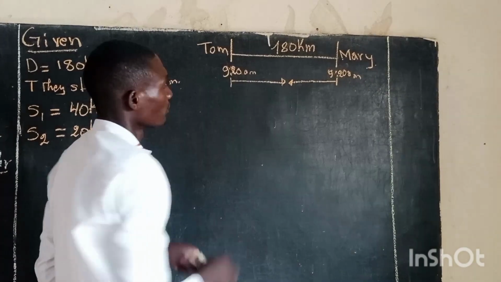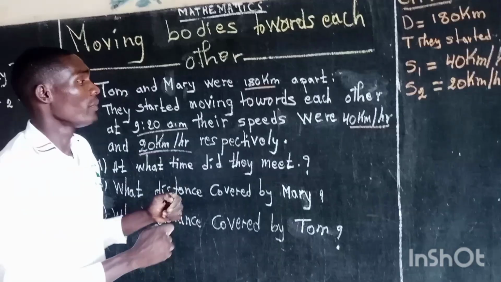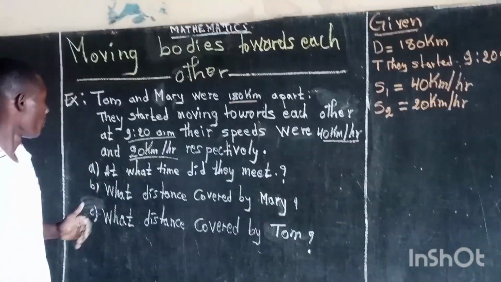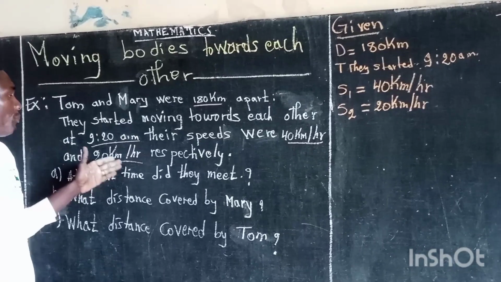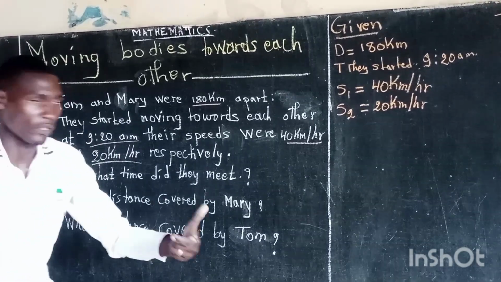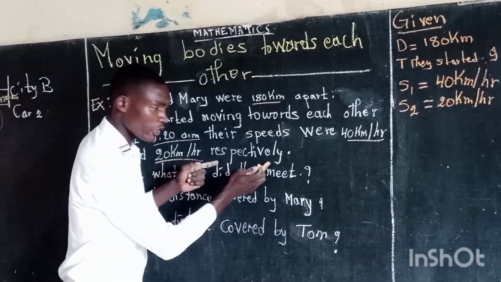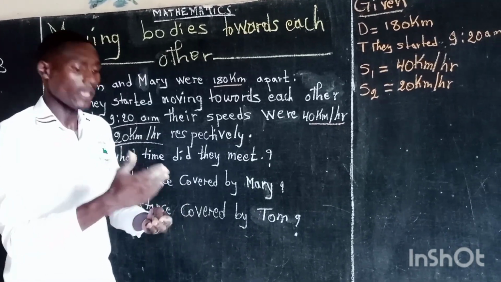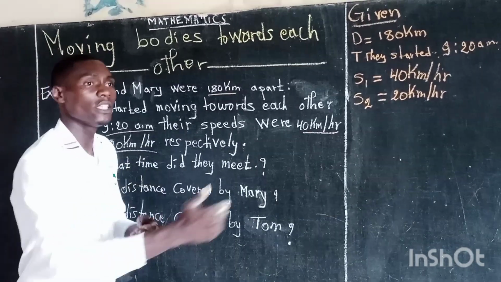Then, according to our question, their speeds were 40 kilometers per hour and 20 kilometers per hour, respectively.